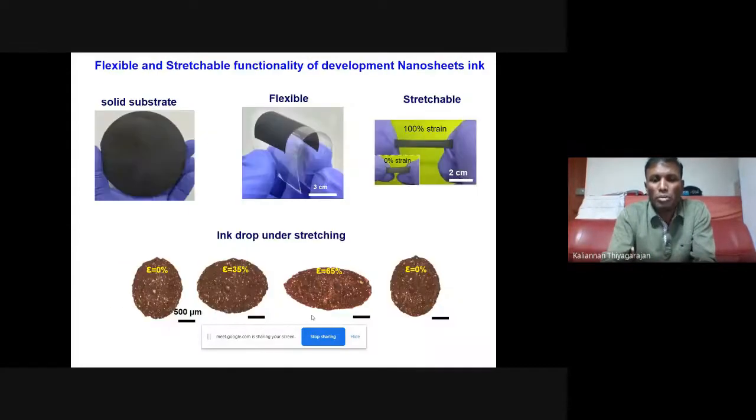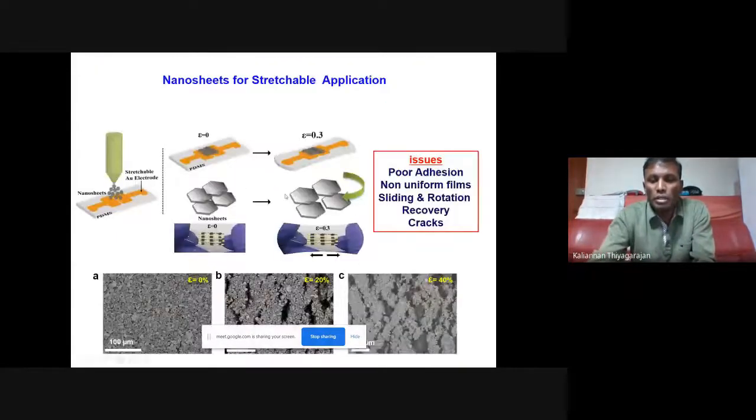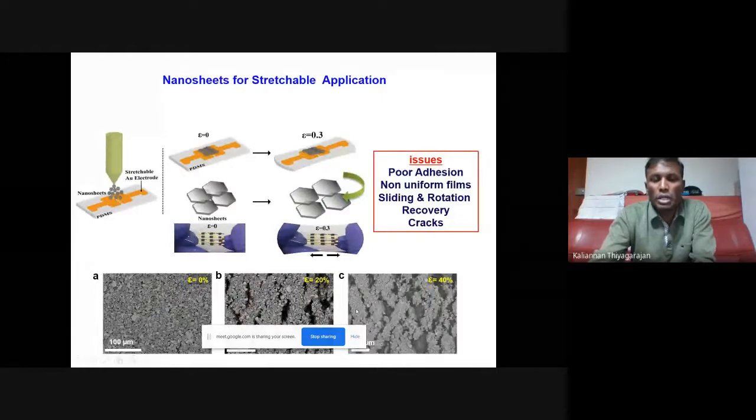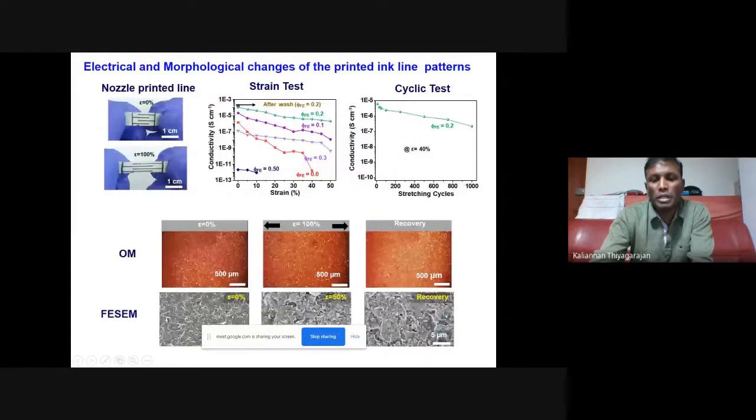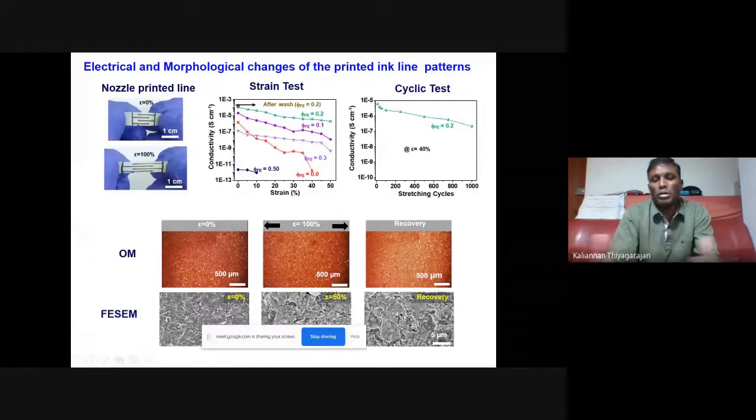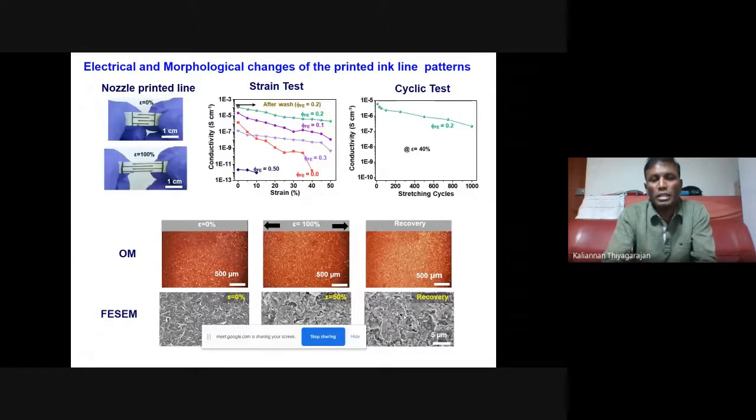Compared to the original, without any polymer, where a huge crack was forming, with this formulated ink the cracks were very few, and the recovery was also much better than the one without polymer. That's why this ink can be used for stretchable devices.